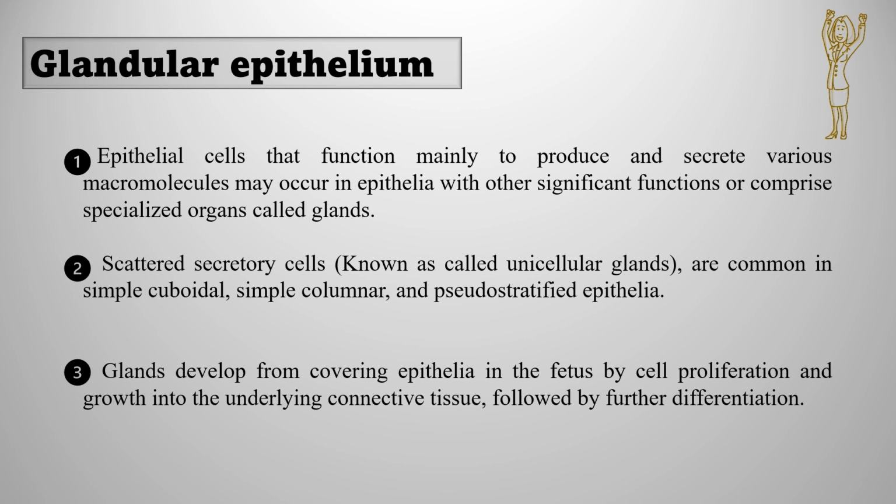Scattered secretory cells, known also as unicellular glands, are common in simple cuboidal, simple columnar, and pseudostratified epithelia. Glands develop from covering epithelia in the fetus by cell proliferation and growth into the underlying connective tissue.